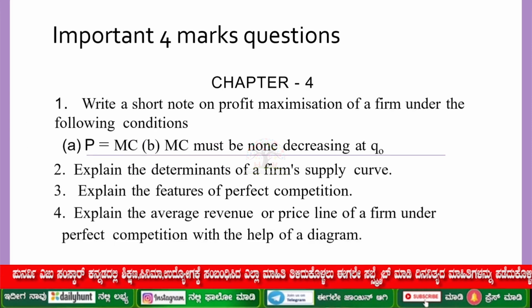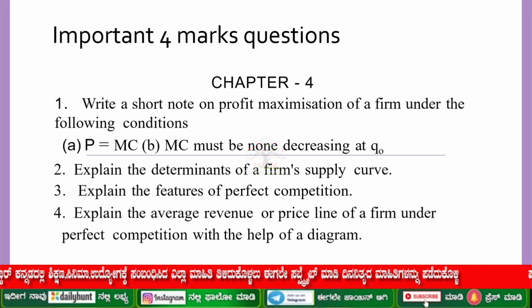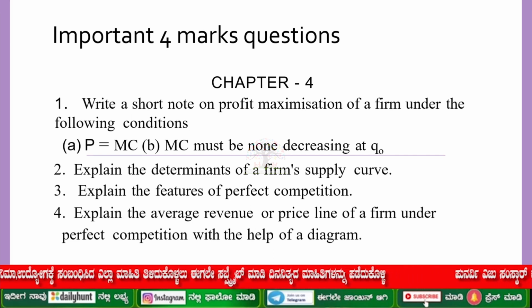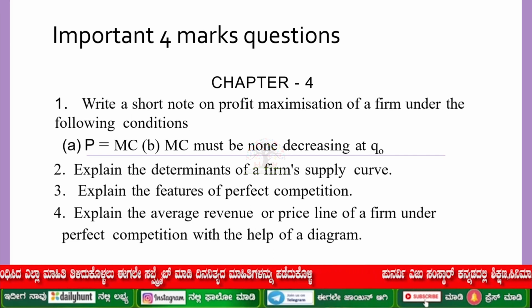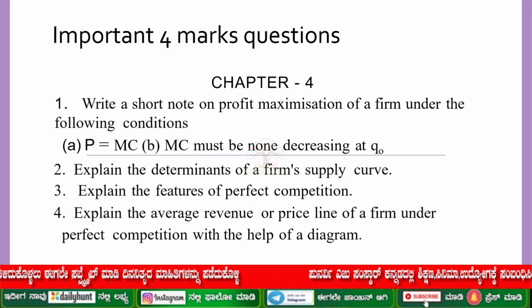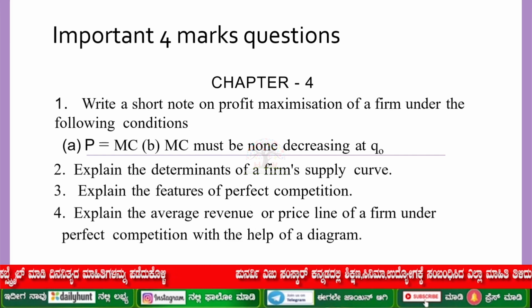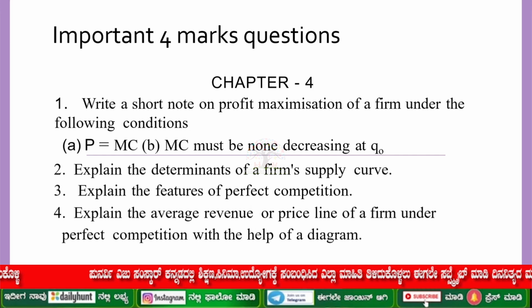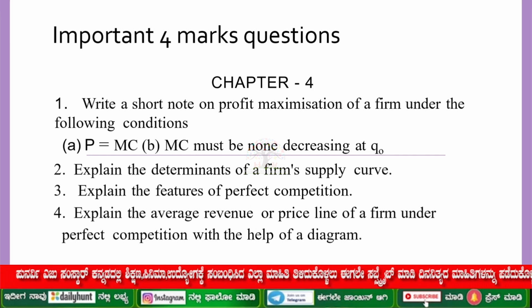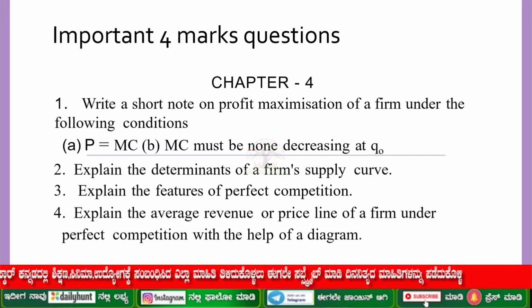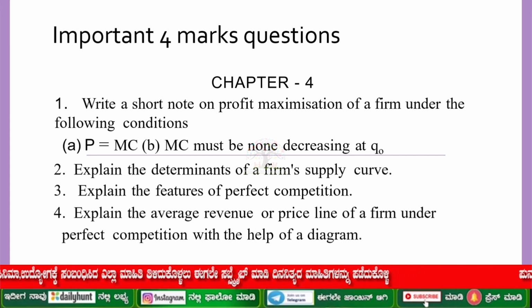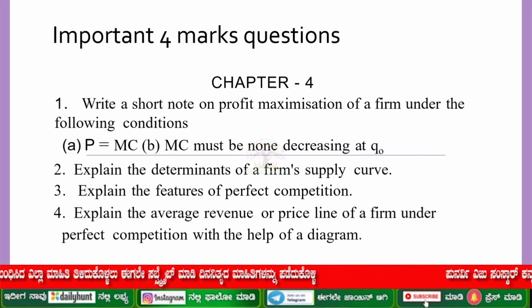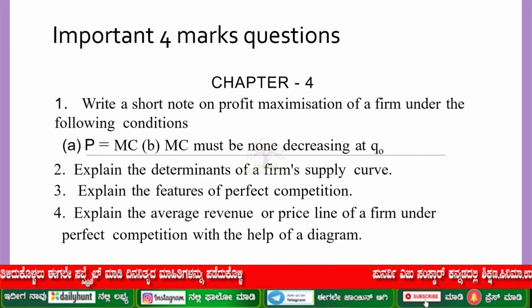And important 4 mark questions from 4th chapter, that is Theory of Firm Under Perfect Competition. From this chapter, you can expect one 4 mark question. Here you can see the questions. Profit maximizing condition: 2 conditions you need to explain, P equal to MC and MC must be non-decreasing.